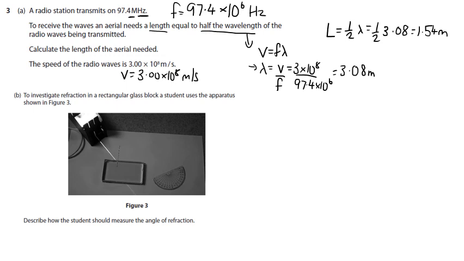Okay, next we've got a beam of light being refracted by a glass block and then coming out the other side. And we're asked, how does the student measure the angle of refraction? If you've got a beam of light going into the block like that, sometimes you can see it, sometimes you can't, it depends how faint it is, but then it comes out like that again.